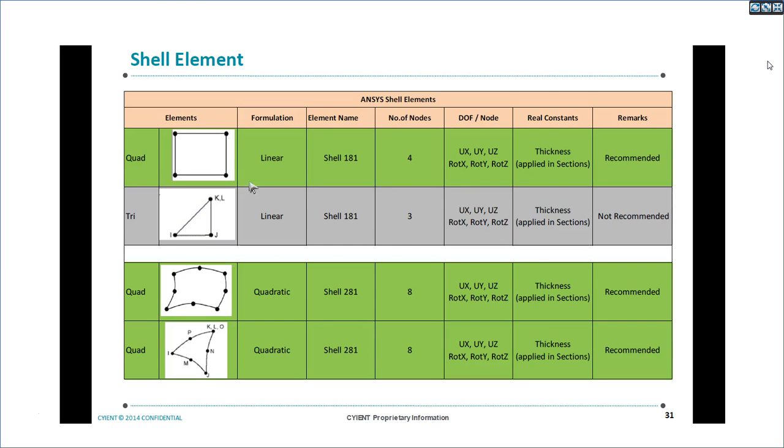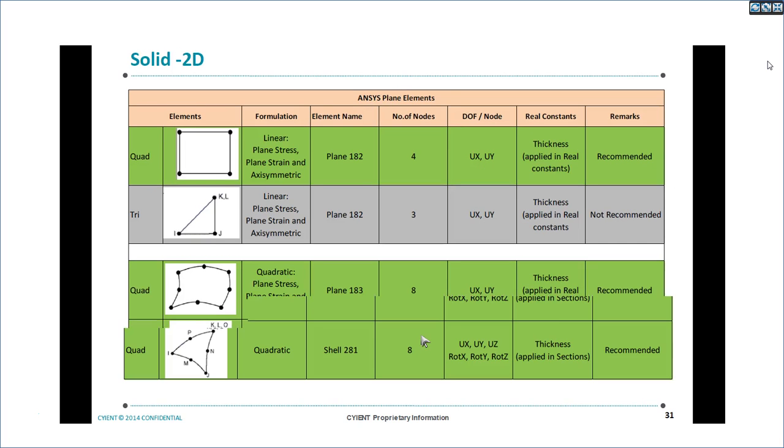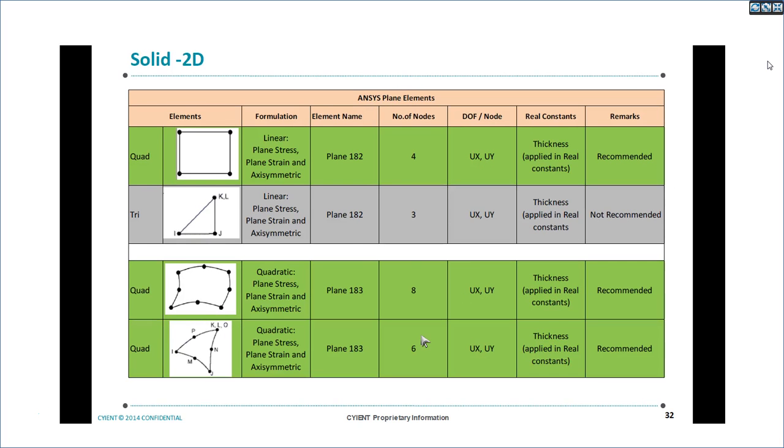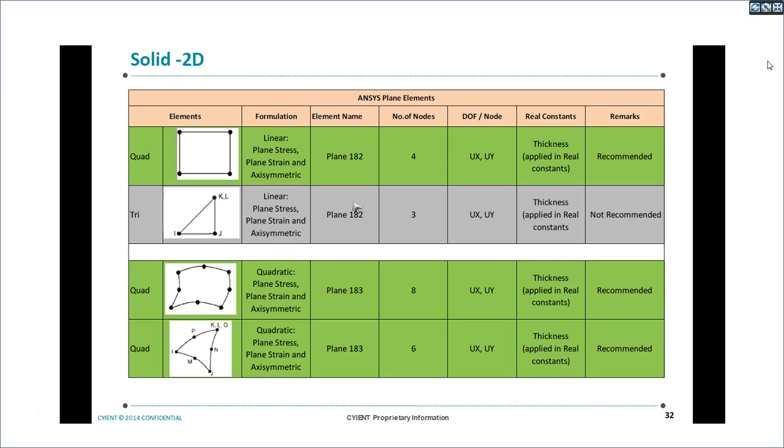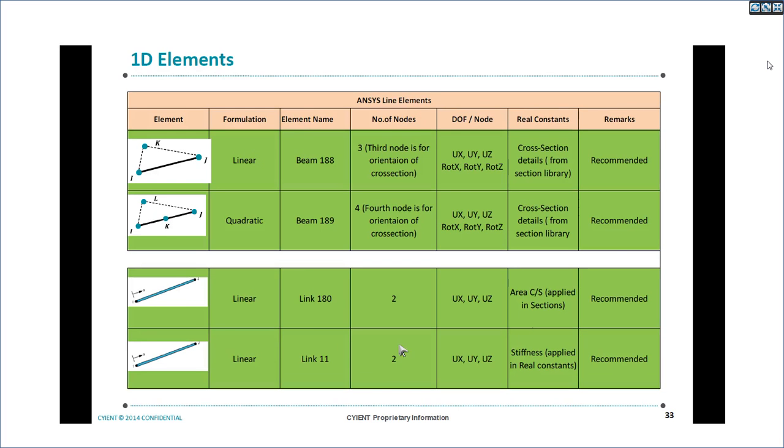Similarly for shell elements, quad 4 noded is recommended. Tria 3 noded is not recommended. Quad 8 noded is recommended. Tria 6 noded is also recommended. Similar to shell elements, solid 2D also: Tria 3 noded is not recommended, but other things are recommended, like 4 noded quad, 8 noded quad, and 6 noded Tria.